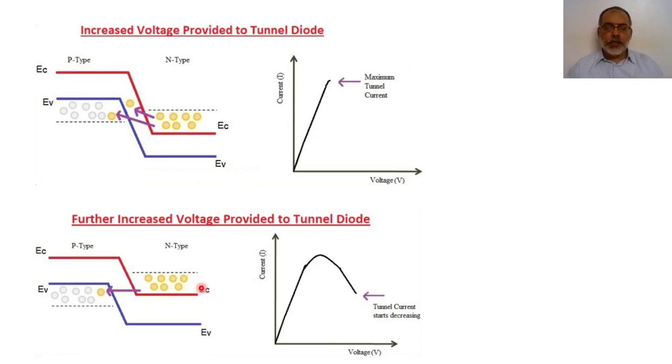So with increasing forward voltage after a certain point, the tunneling current will be decreasing instead of increasing, because the conduction band here has been raised, and the opportunity of transferring electrons from the conduction band of the N type to tunnel to the valence band of the P type will be decreased.